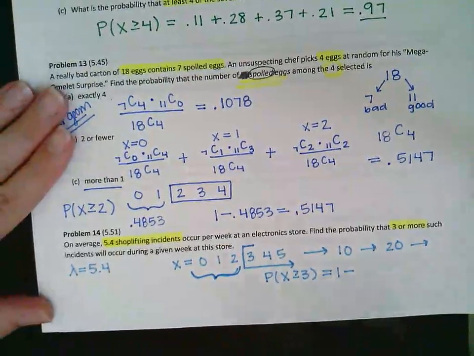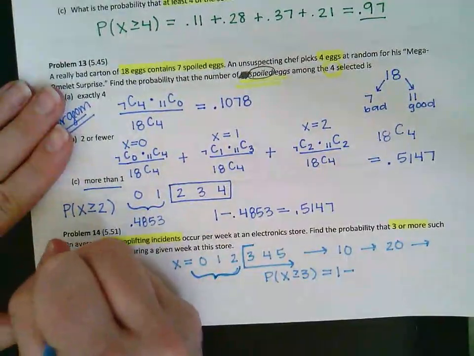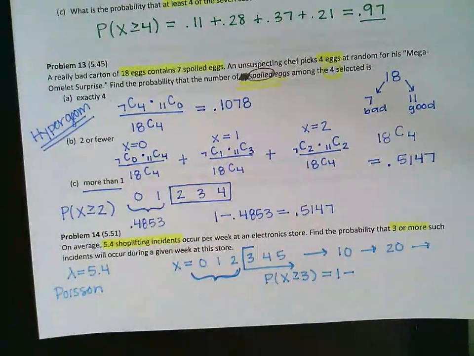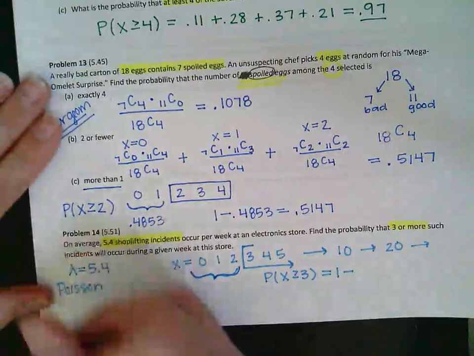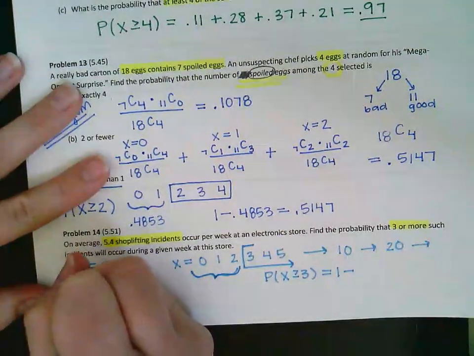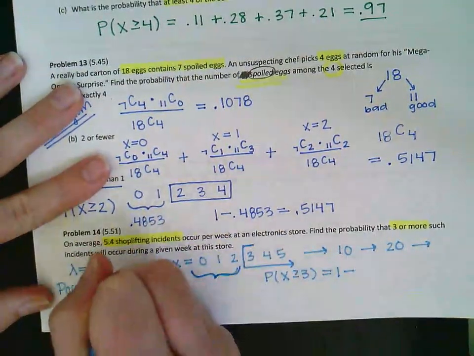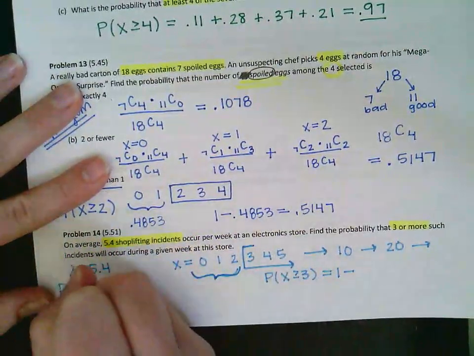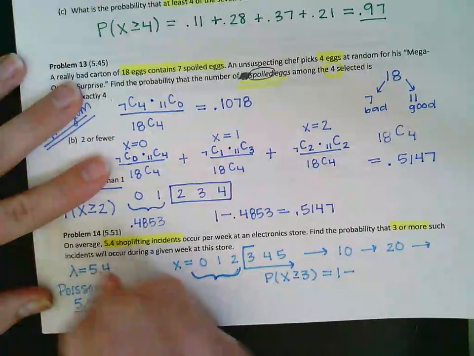Okay, so I'm going to use what's called the Poisson distribution in this example, and the reason I know this is because I have that average and my x values go from 0 to essentially infinity. I need a distribution that does the same thing, which is why we use that e. So that equation is lambda to the x, 5.4 to the 0, times e to the negative lambda, all over x factorial.